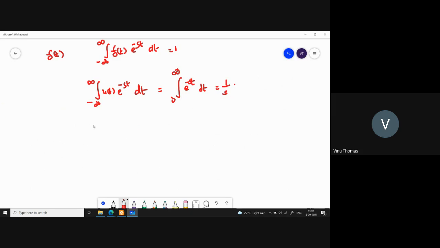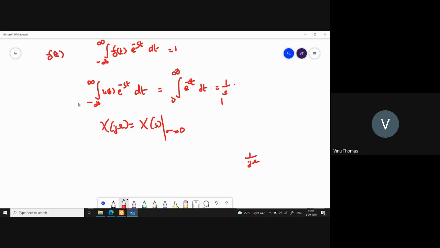Now, as we have seen for general cases, you can write X of j omega equal to X of s for sigma equal to 0, or in other words, replace s by j omega. If I replace s by j omega, this would only be 1 by j omega.